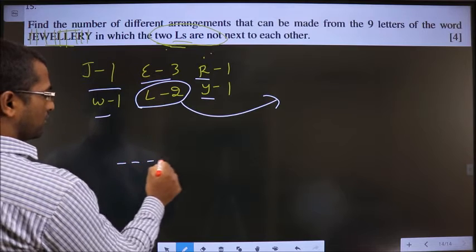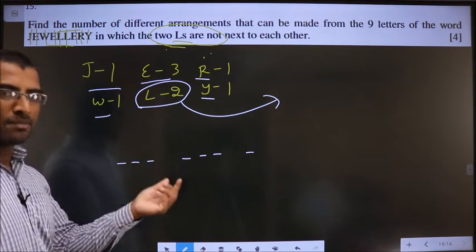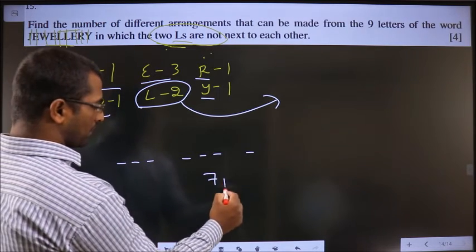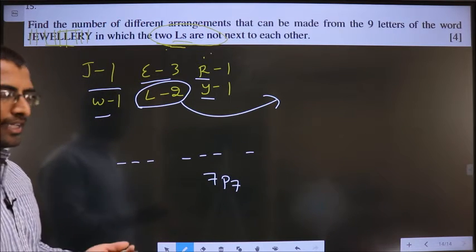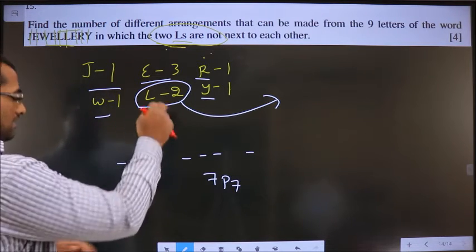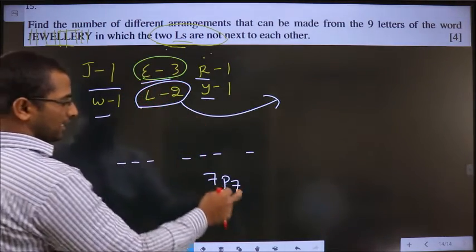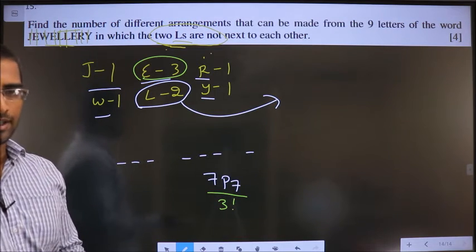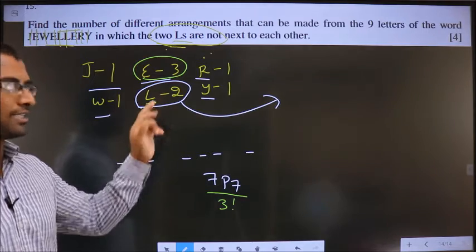7 letters, so put 7 blanks. 7 letters can be arranged in 7 blanks in 7P7 ways. In those 7 letters, the 3 E's are identical. So I should divide this by 3 factorial. Now I should see in between how many places do I have for these 2 L's.